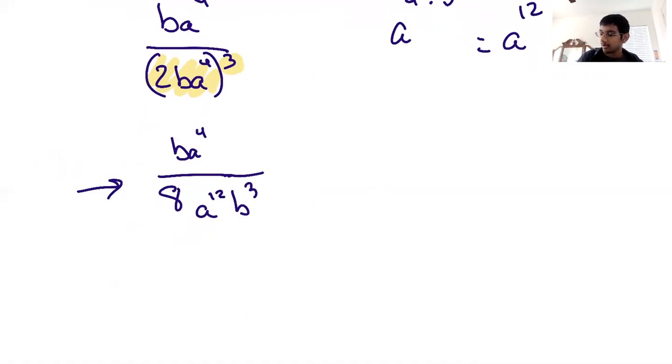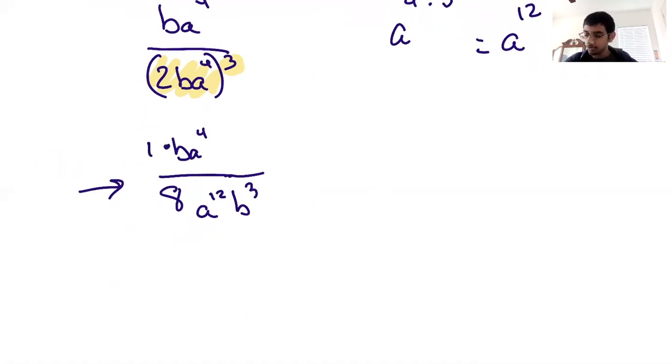We could assume that there's a 1 being multiplied times this, so we can assume there's a 1/8 right here. There's a 1/8 times an a to the fourth times b. Okay, so we have b a to the fourth over a to the 12th power b cubed.